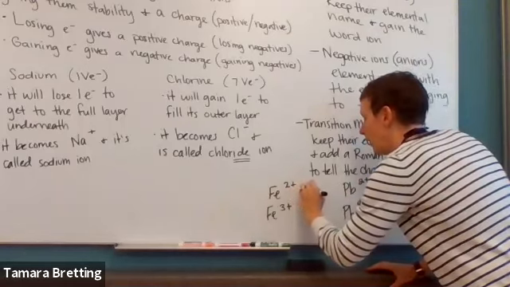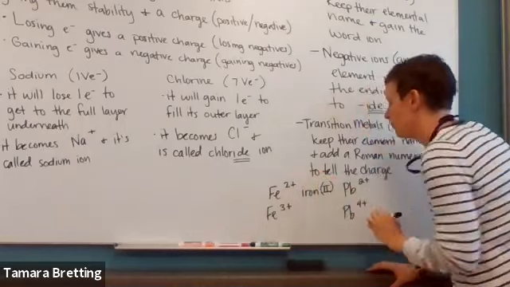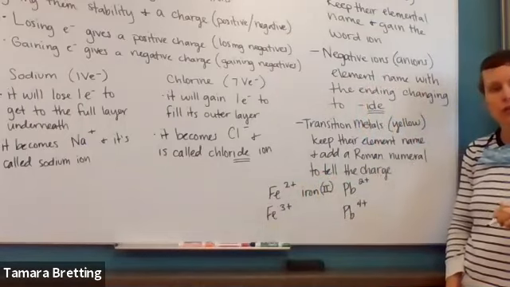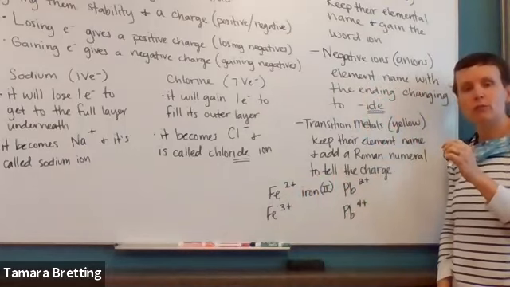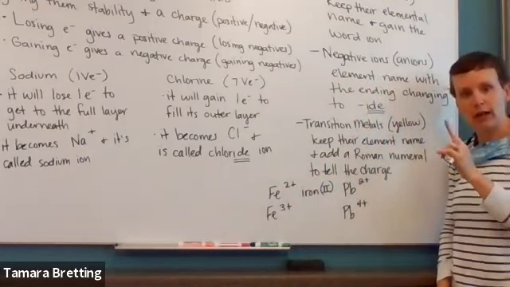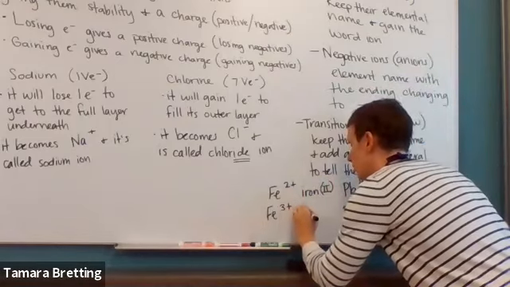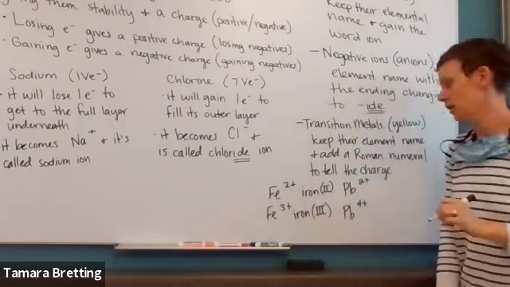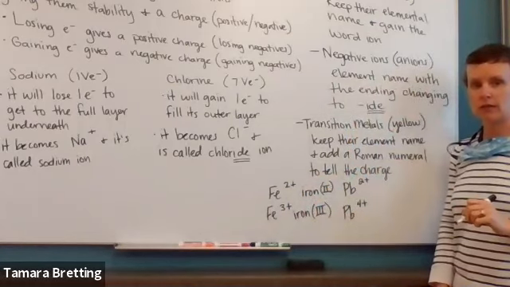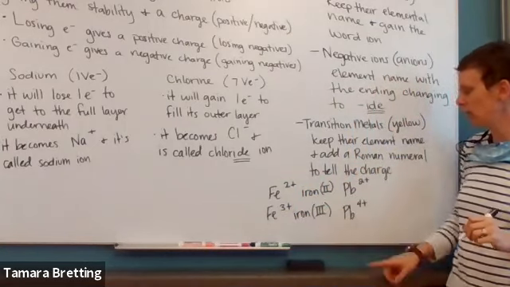So we would call that iron, and then in parentheses, we would put Roman numeral 2, iron II. Remember, Roman numeral 1 is just a capital I. Roman numeral 2 is 2 I's. Iron III would be 3 I's. We would just read this, iron 2, iron 3.